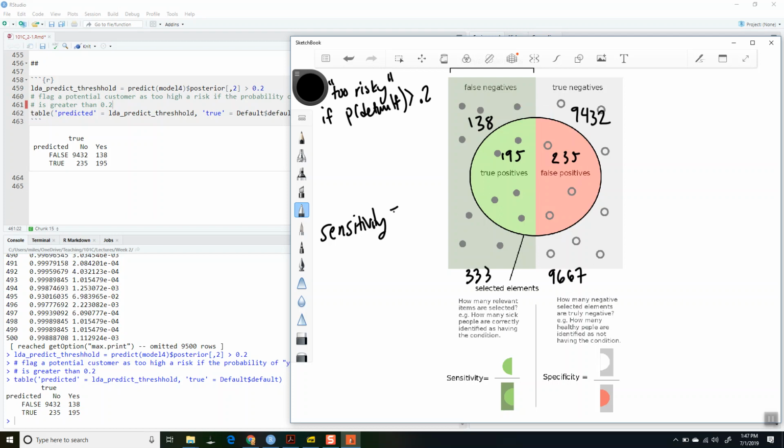So the sensitivity here is now 195 out of 333, which is better, 0.5885855. And then the specificity goes down.